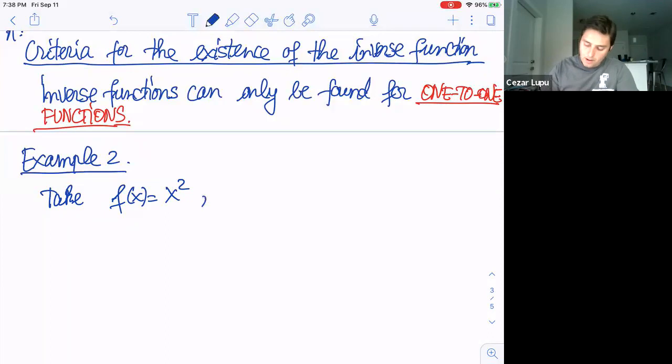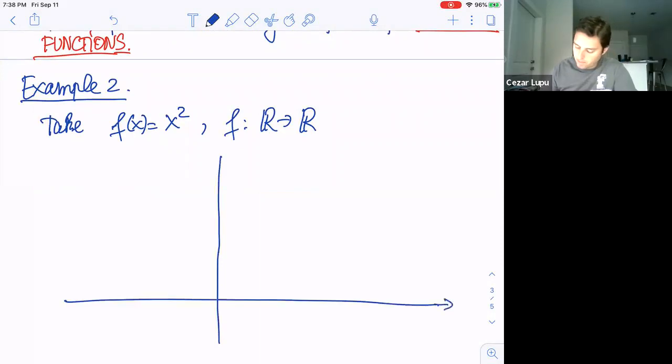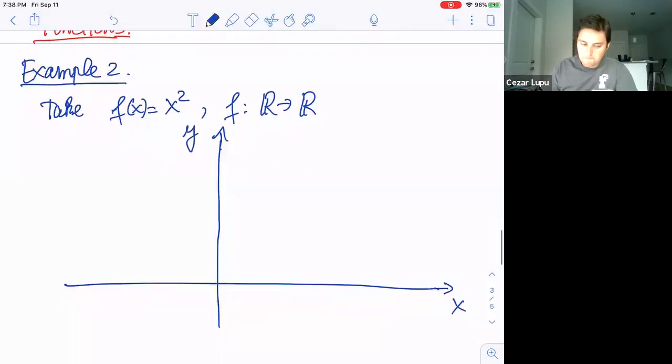Let's say that f is defined on real numbers and is a real-valued function. So let's draw the graph.